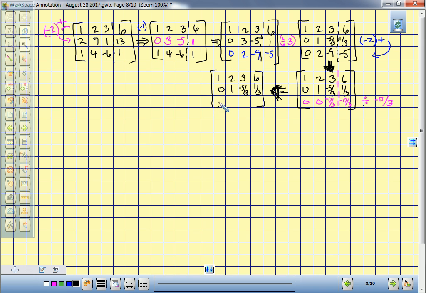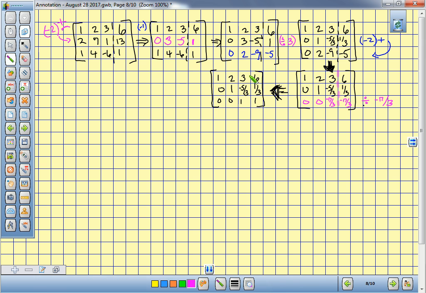Let's divide this one by 3. Let's see if that's helpful. That actually helps a lot, because what do we want this number to turn into? 1. And if we divide this by 3, it turns into 1.